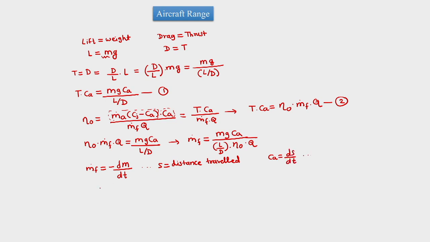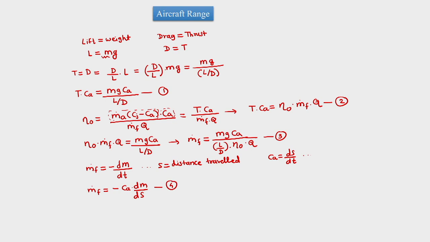So using these two things we can write m dot f is equal to minus Ca into dm by ds. So the earlier result is formula number 3, and this is equation number 4.